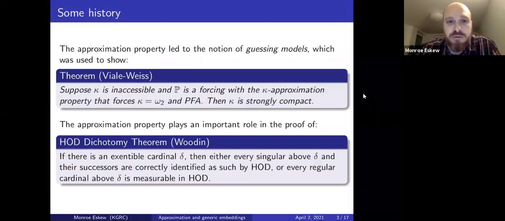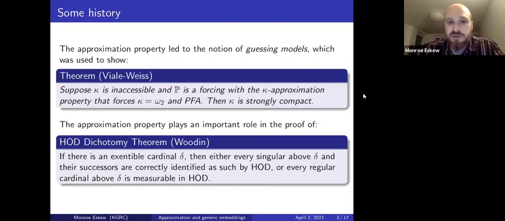So then this property was used for some other well-known results. This approximation property led to the notion of guessing models. And this was studied extensively by Christoph Weiss and Matteo Viale, and their big theorem was that it's almost an equiconsistency result about PFA.